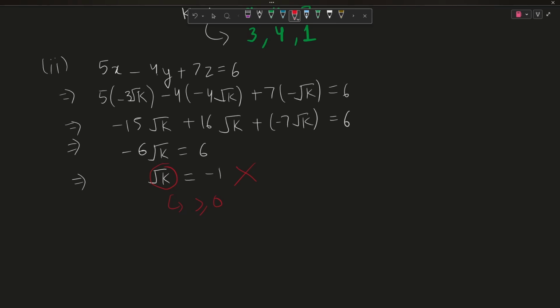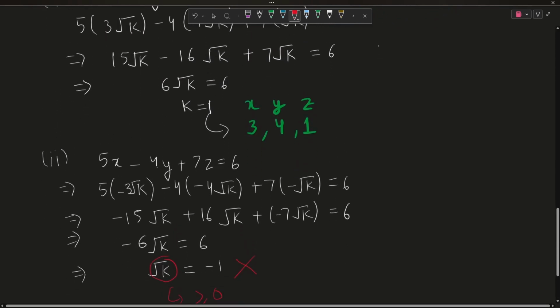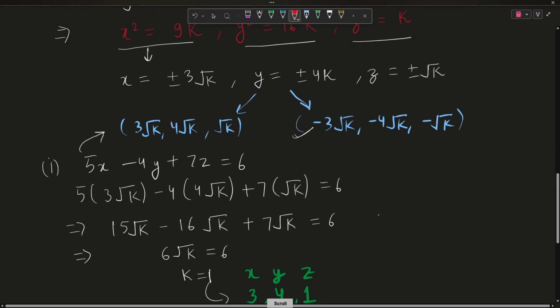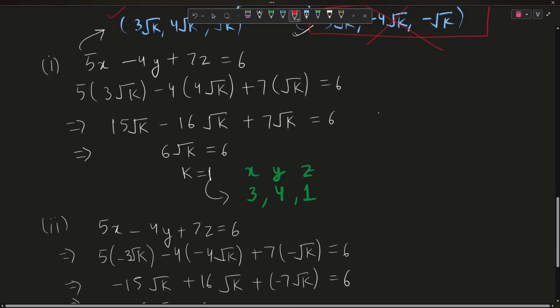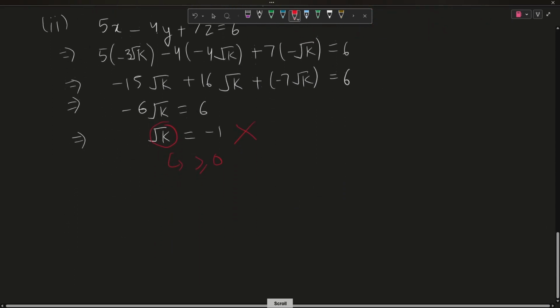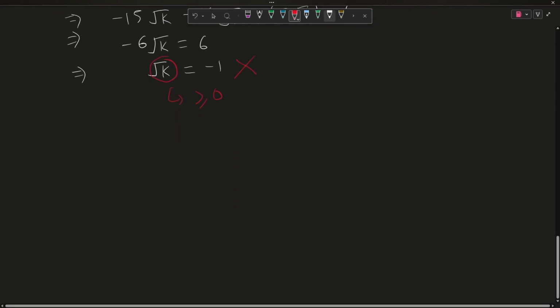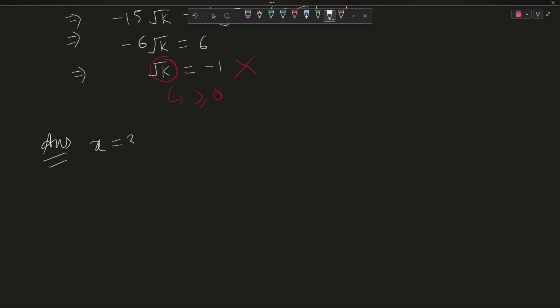Hence we can say that the second case is not possible. Only the first case is possible. So the final values of x, y, and z are 3, 4, and 1. Our answer would be x is equal to 3, y is equal to 4, and z is equal to 1.